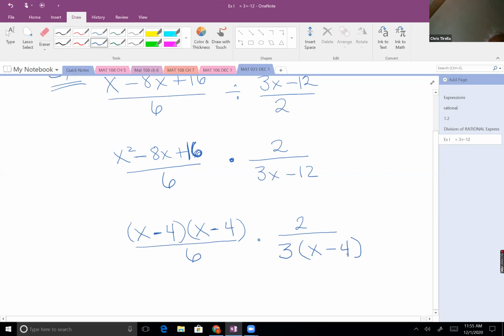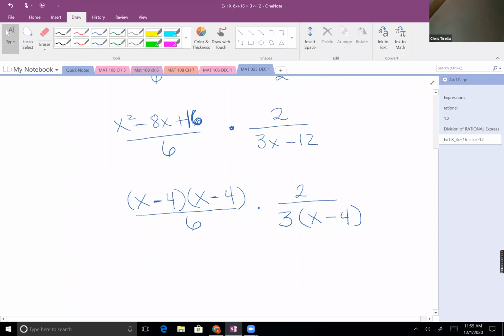Now, anything common between the numerator and denominator? We can divide out the x minus 4. Technically, we're dividing it out, although in practice, it looks like we're just crossing it out.